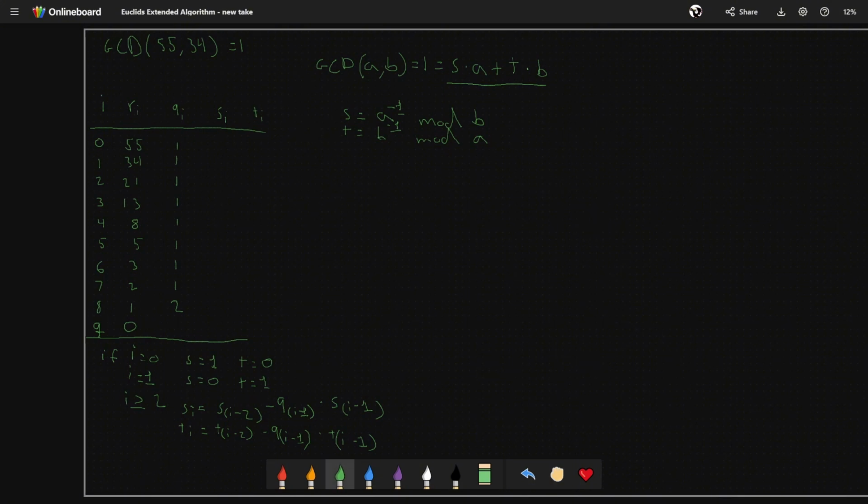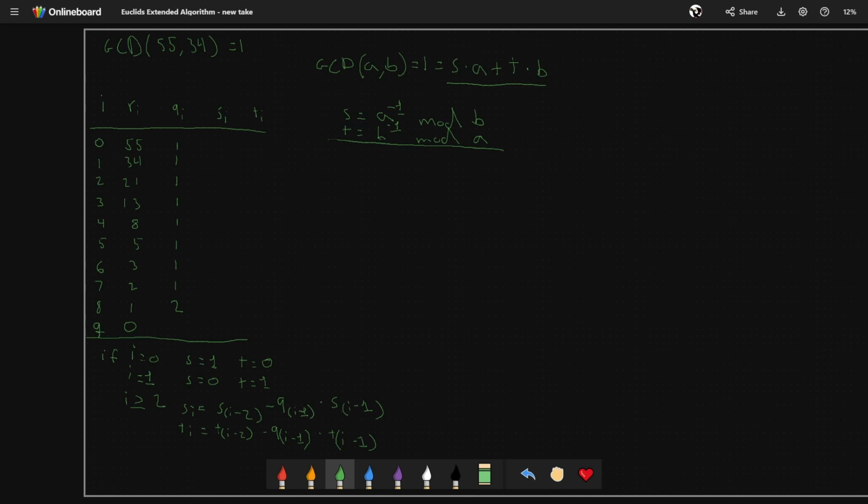So with these rules in mind, we can simply start. And it's at this point that I realize I should have left more space, but let's see if we can get going with this. I'm going to start with the calculations for S, and I'm going to write them here, I guess. Let me write a line below these things. Okay, so in the very first line here, we have i equal to 0.